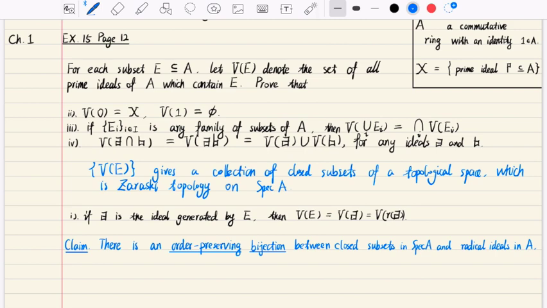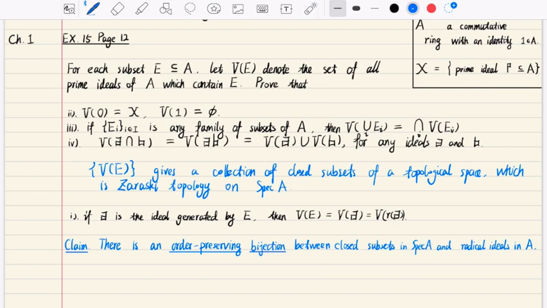It says that if we have a subset E of A, we in fact cannot distinguish V of E with respect to the ideal generated by E and the radical of this ideal. So although V is order-preserving, it is not so faithful.